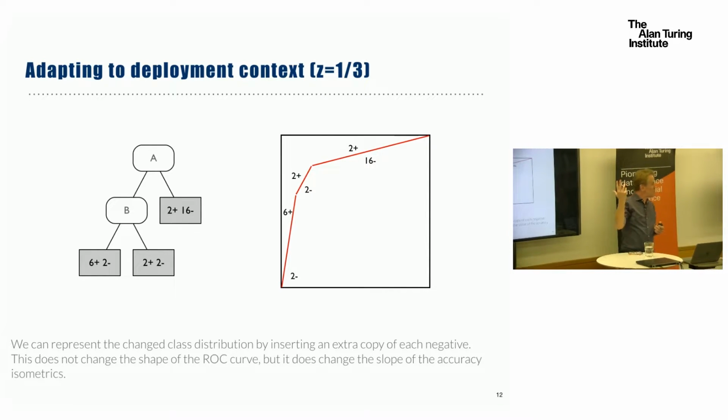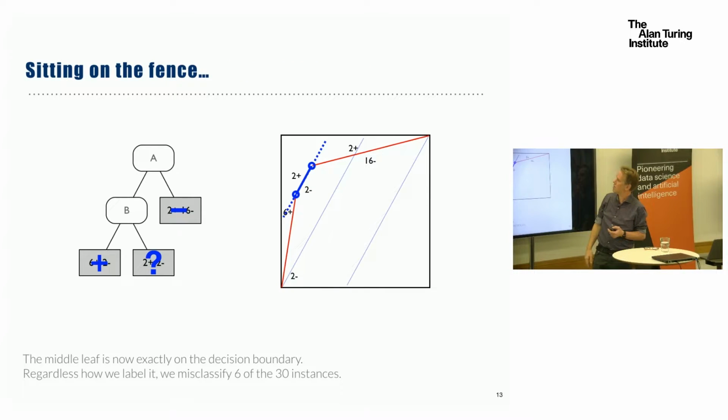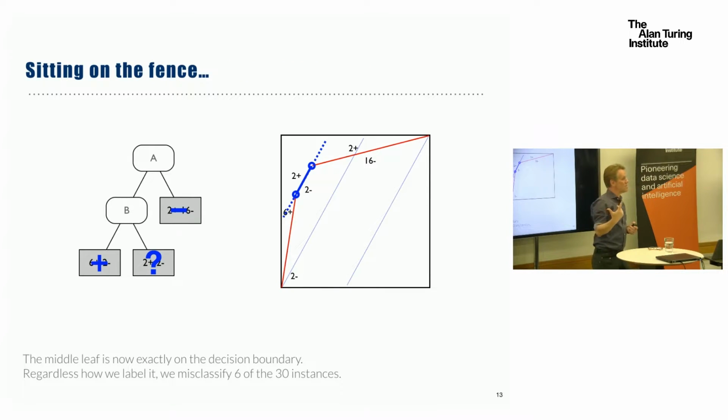And that doesn't change the ROC curve, because the ROC curve is formulated in terms of true positive rates and true negative rates. So the rates stay the same if I change the class distribution. But it changes the slope of the iso-accuracy lines. Okay? So now, because I have more negatives, those lines become steeper. And the way I think of that, steeper lines kind of pull me in this direction, which is the always negative classifier, right? So it's more of a force pulling in that direction. So now something interesting happens.